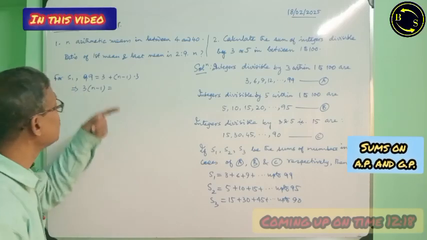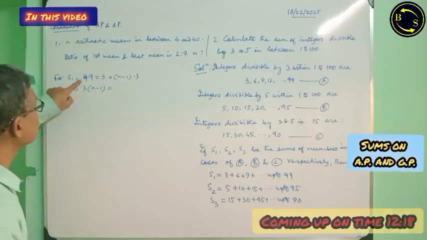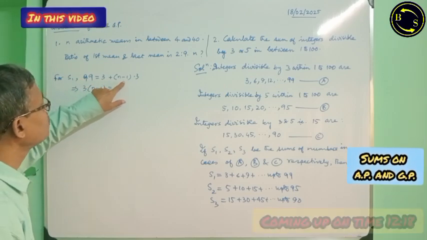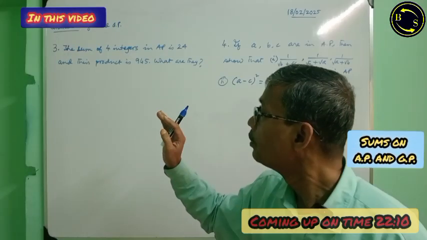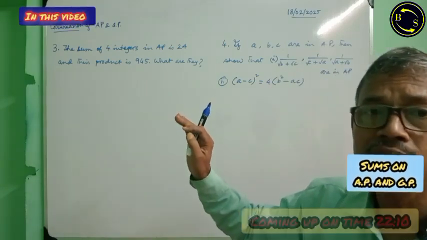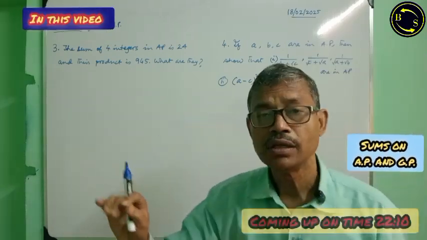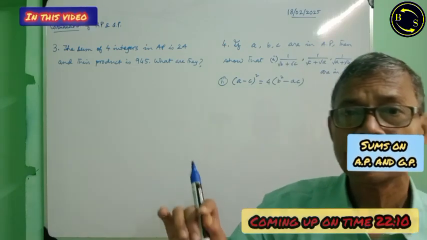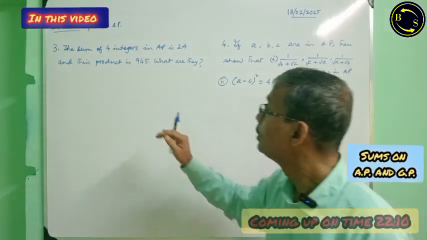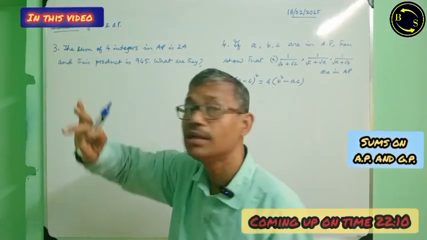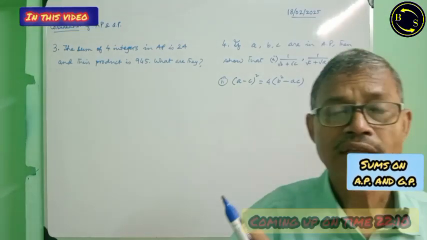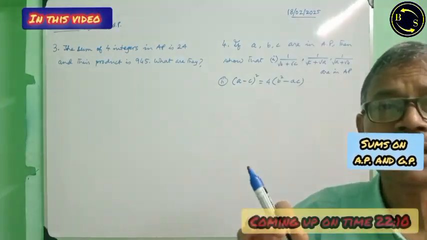How many 3's are there? For that, the last term, that is 99, is equal to a plus n minus 1 whole into t. We can start solving the sum by taking the numbers as usual: a plus d, a plus 2d, a plus 3d. But since the sum is given, I am going to use the technique, the 4 numbers in AP.